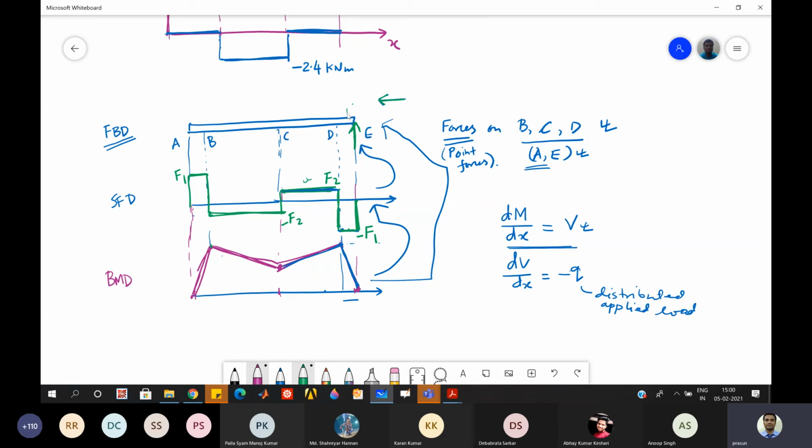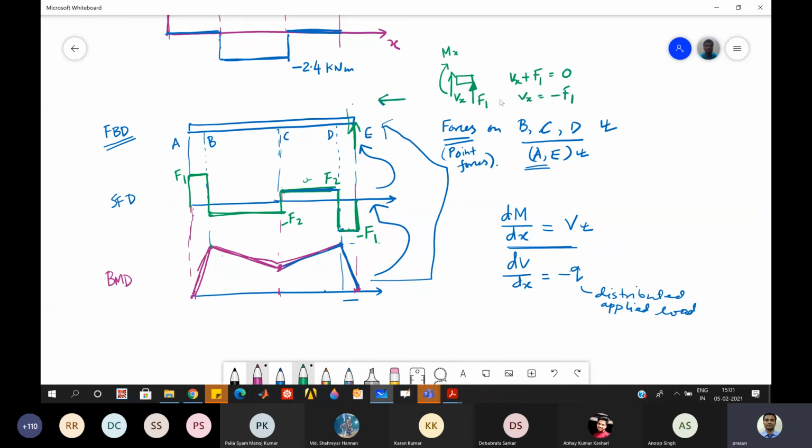Why? Because if I just take a cut portion here and try to draw the shear force diagram, I know the sense of the shear force and bending moment, Vx and Mx positive in this way. And then to become Vx negative, I should have a force which is going upward. Then you can see Vx plus F1 will be 0, and then Vx will be negative.